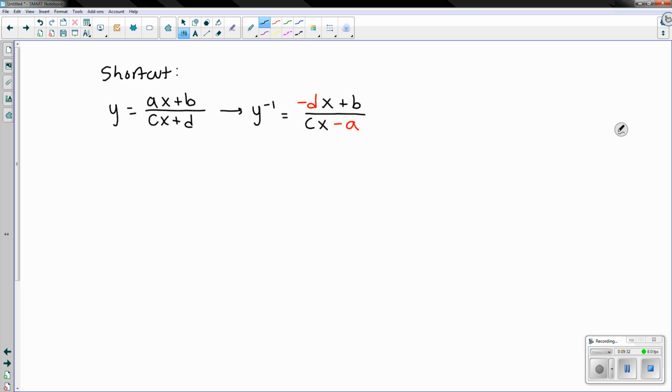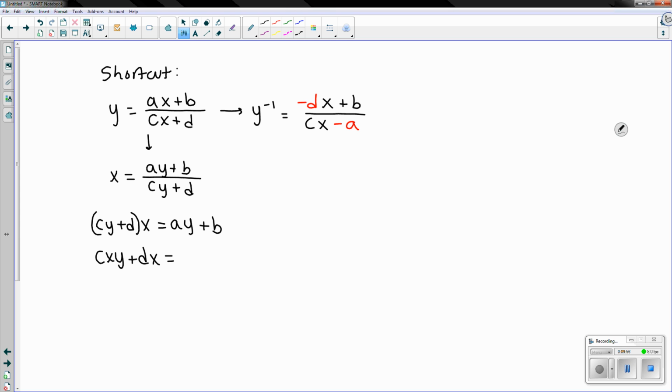So let's confirm that, and then we'll just do a quick example at the end. So if I have this, using the process we had before, this is our first step. We're going to clear the denominator. We're going to distribute the x. We're going to get our y terms on the same side and non-y terms on the other side.